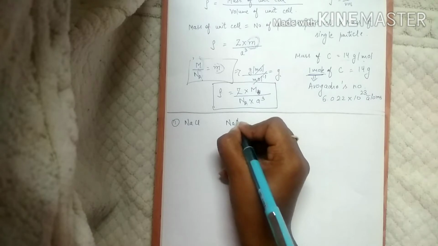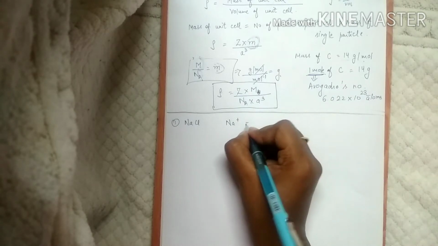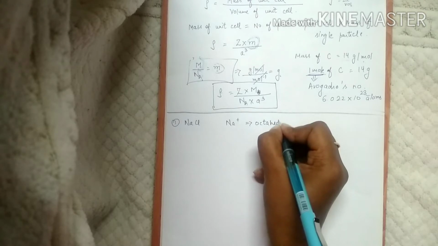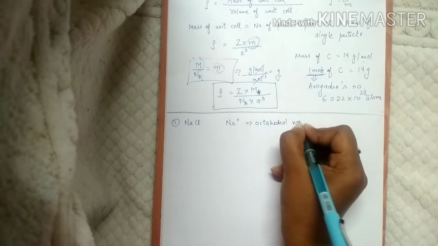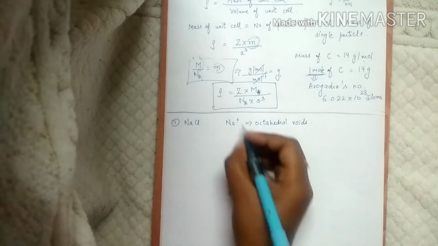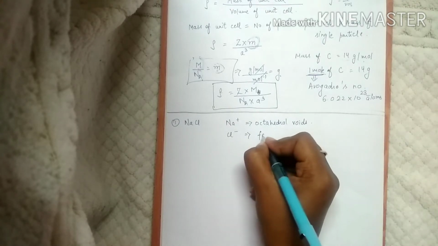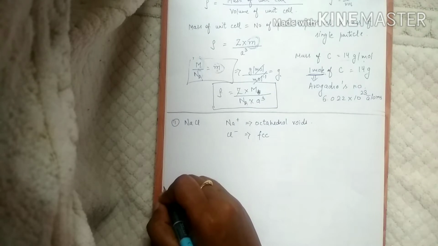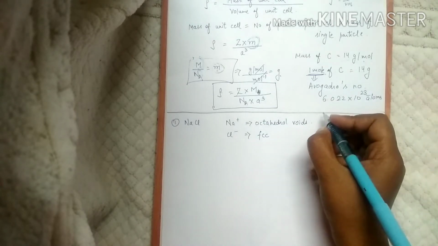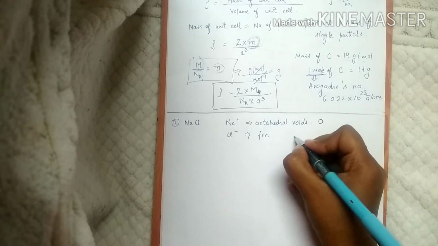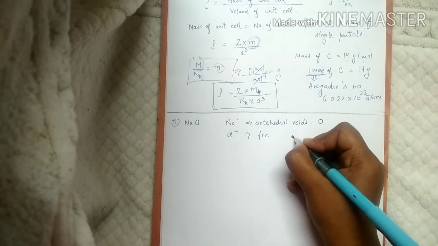Na positive ions, they occupy all the octahedral voids and your Cl negative ions, they occupy FCC structure. So we are going to show Na positive ions like this and Cl negative like this.